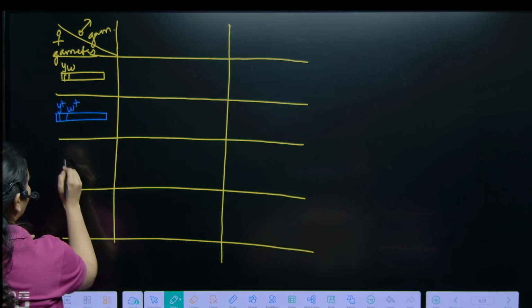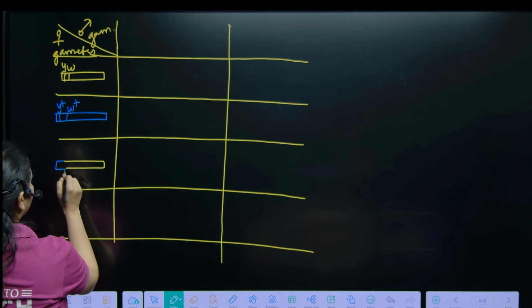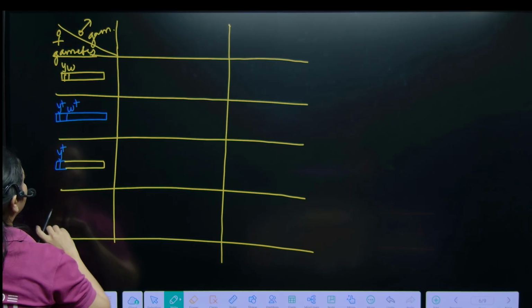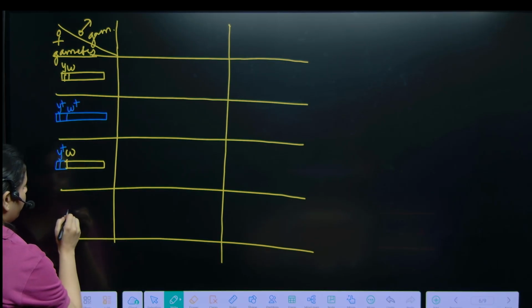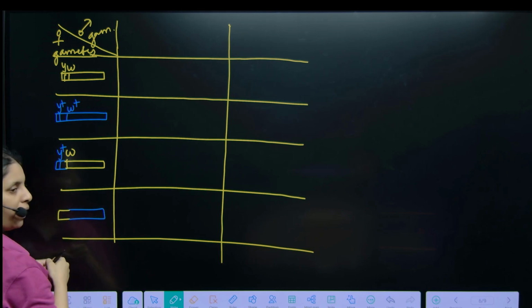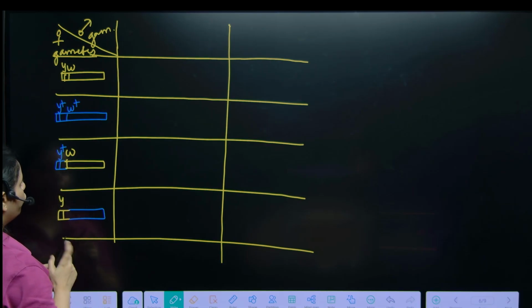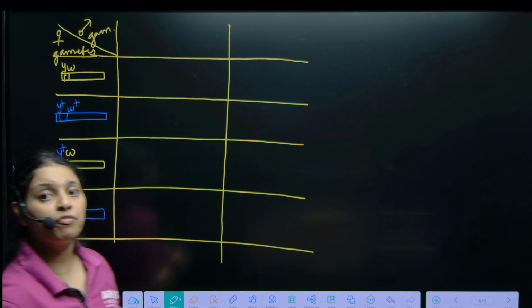Next, we have some blue part and then the yellow part, right? Let's write the genes Y plus and then the remaining part will have W, right? Next, we have some yellow part because of crossing over and then the blue part. In the yellow part, we have the Y gene and in the blue part, we have W plus. These are the 4 female gametes.